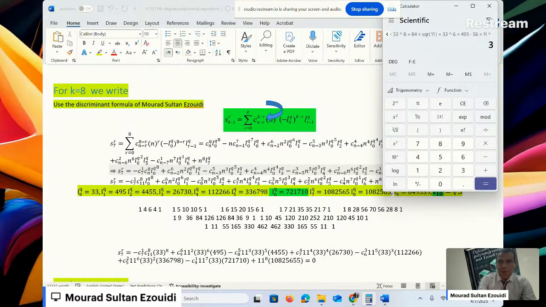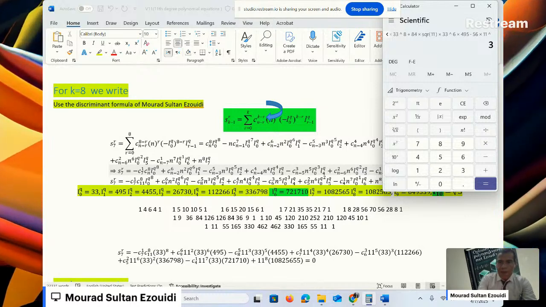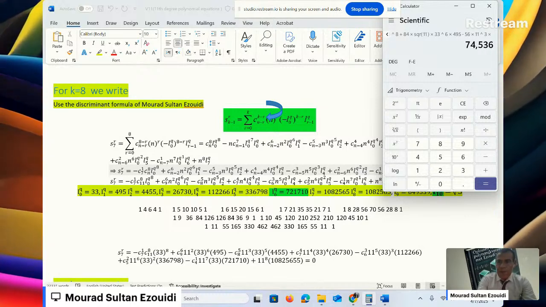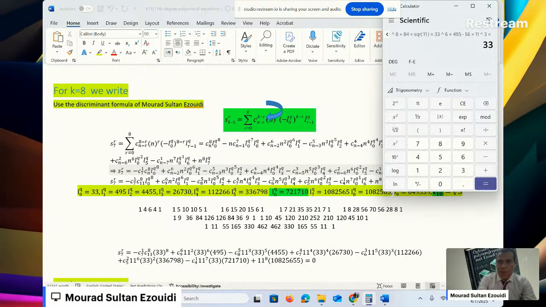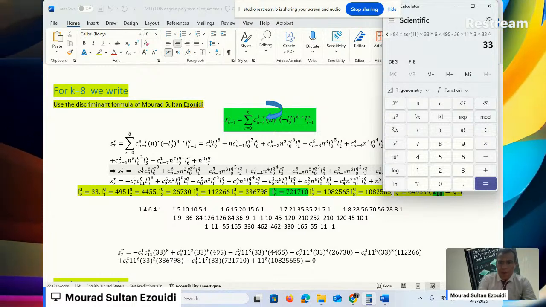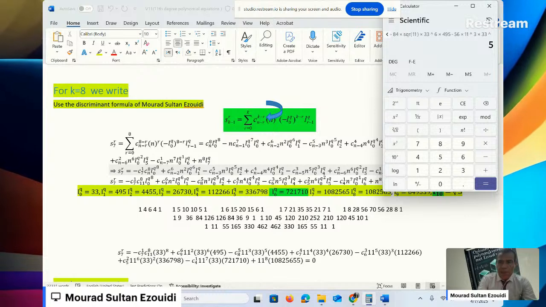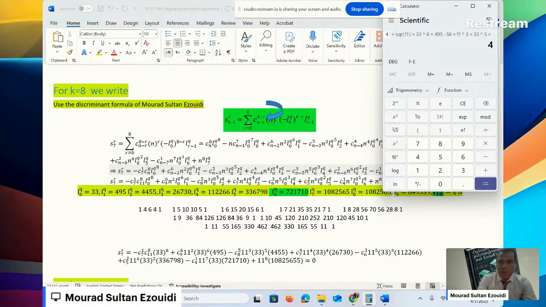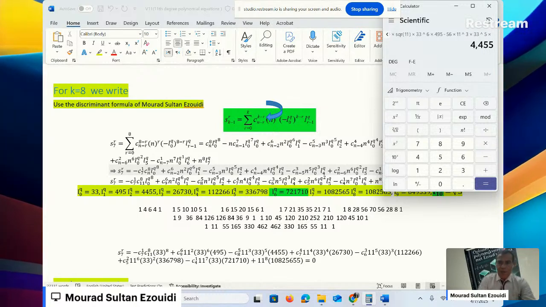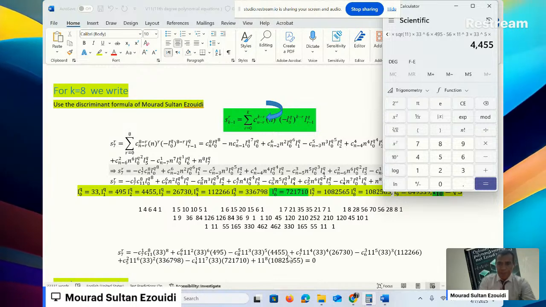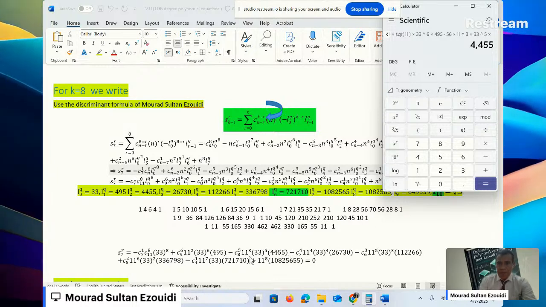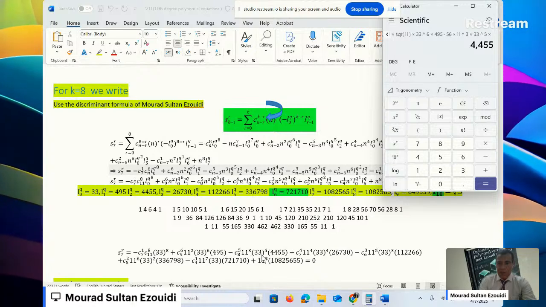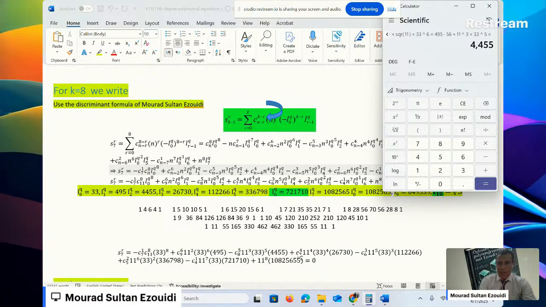Multiply by 11 cubic. Multiply by 33 raised to the power 5. Multiply by 4,155. Minus 56. 11 cubic. Okay.